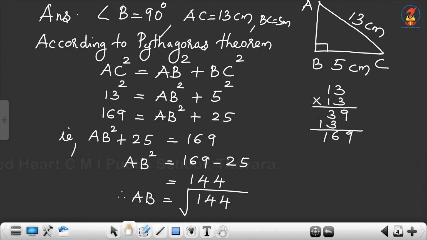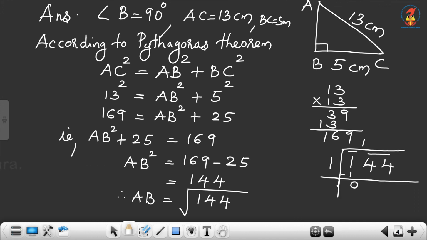Using the division method, how can we find it? 1 time 1, 0, then bring 44 down. Double of the divisor 1 is 2, then you put a blank there. How many times? 22 into 2, you will get 44.